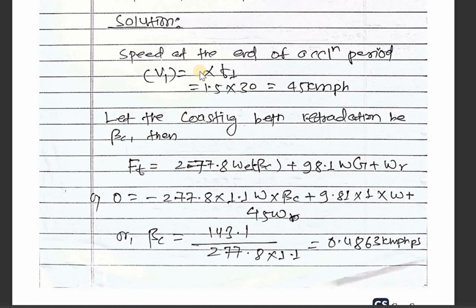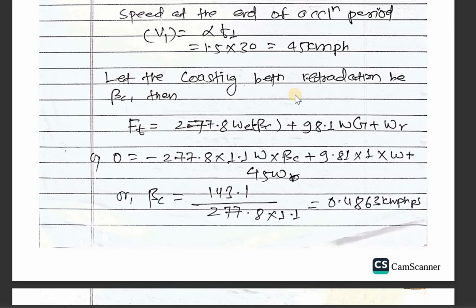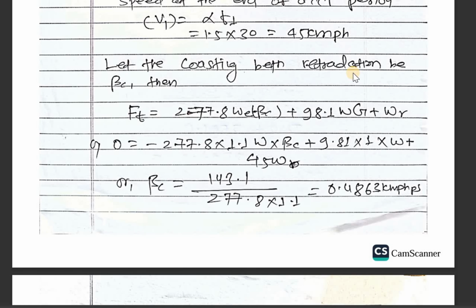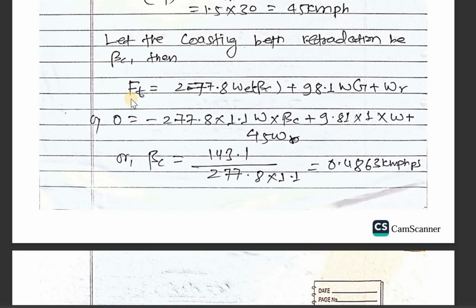First of all, the speed at the end of the acceleration period. V1 equals alpha T1, so 1.5 into 30, that is 45 km per hour. Let the coasting retardation be beta c. This is the equation for tractive force, and here the tractive force is 0. Put all the above values, then we can get beta c equal to 0.4863 km per hour per second.